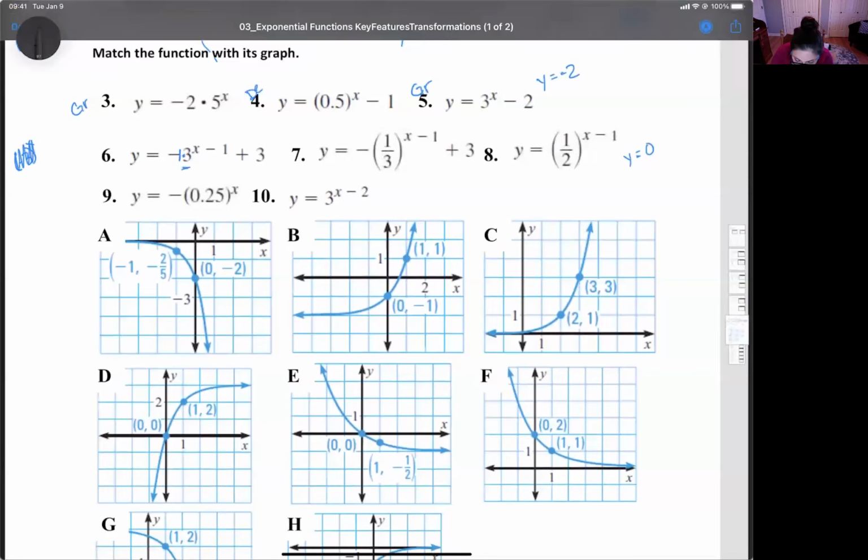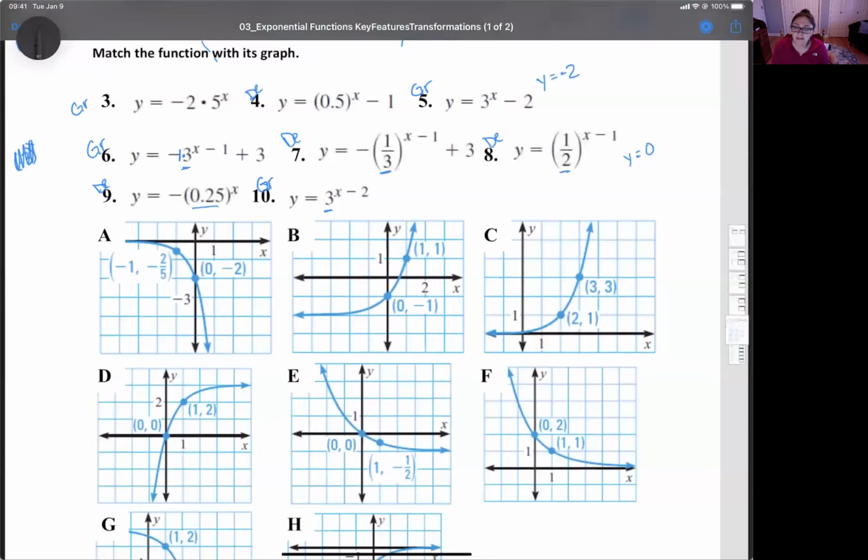So here the base for my exponent is bigger than 1, so this is again growth. For number 7, the base for my exponent is less than 1, so that's decay. Number 8, again decay. Number 9, decay. And number 10, base for my exponent is bigger than 1, that's going to be growth.